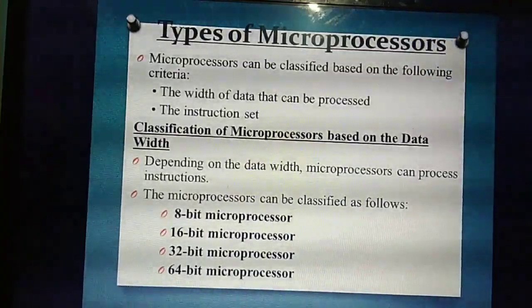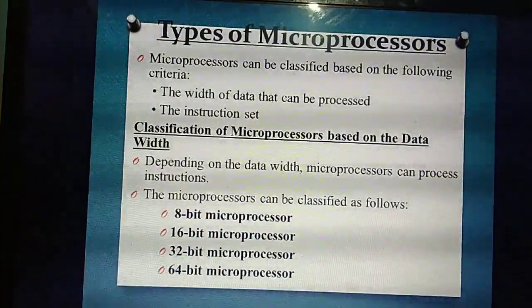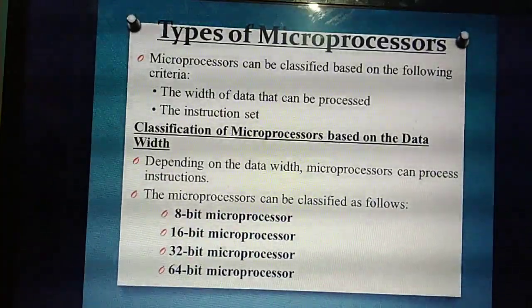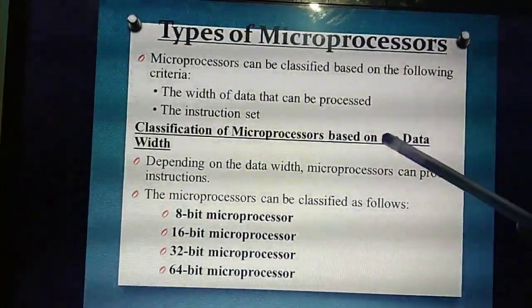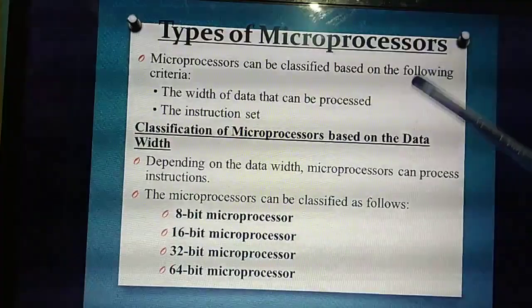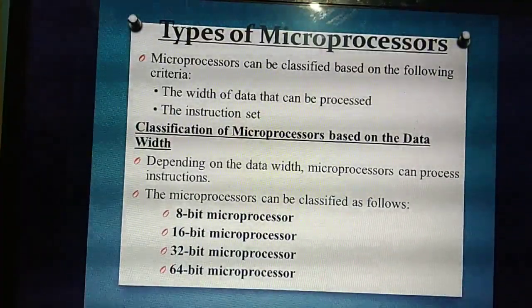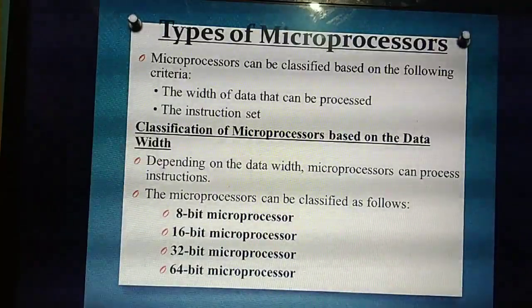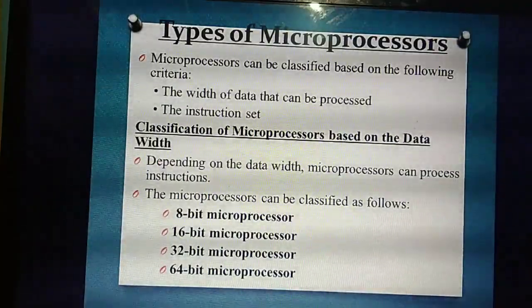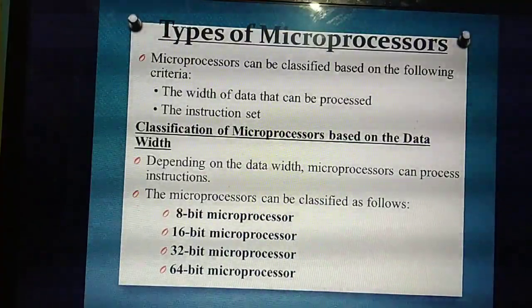So what are the types of microprocessor? Microprocessors can be classified based on two criteria: the bits of data and the instruction set. First we are going to study the classification of microprocessors based on data width. What do you mean by the width of the microprocessor? It means how much width of instructions a particular microprocessor can execute. Depending on the width only, it can execute a particular instruction.